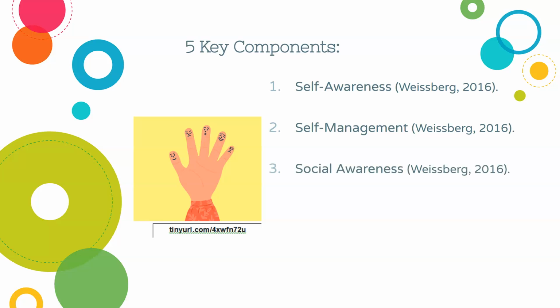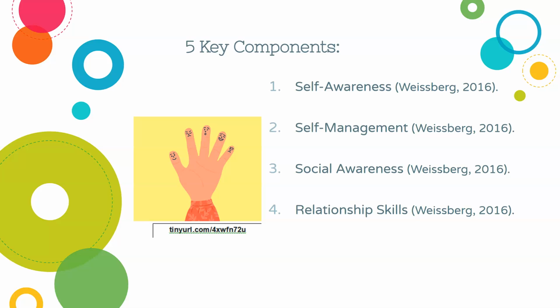The third one is social awareness. This is their social skills. It's compassion for others and having understanding of various backgrounds and being accepting of different cultures and things like that. The fourth one is relationship skills.